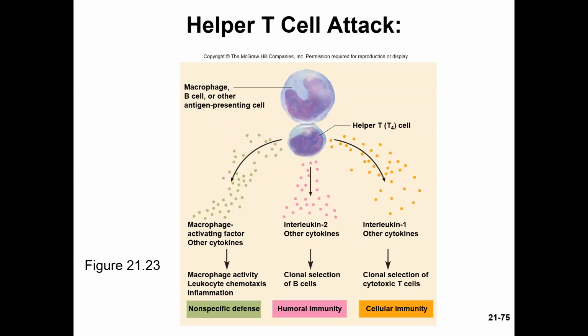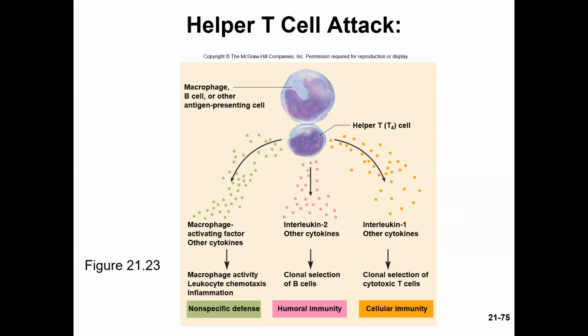So here is another little map of how you can understand for yourself how the cell attack happens. It starts with that macrophage, B cell or other antigen presenting cell. Then we have the helper T cell, which depending on what the need is will depend on the path that it takes. If macrophage activating factor and other cytokines are present, it will lead to macrophage activity, leukocyte chemotaxis, and inflammation.